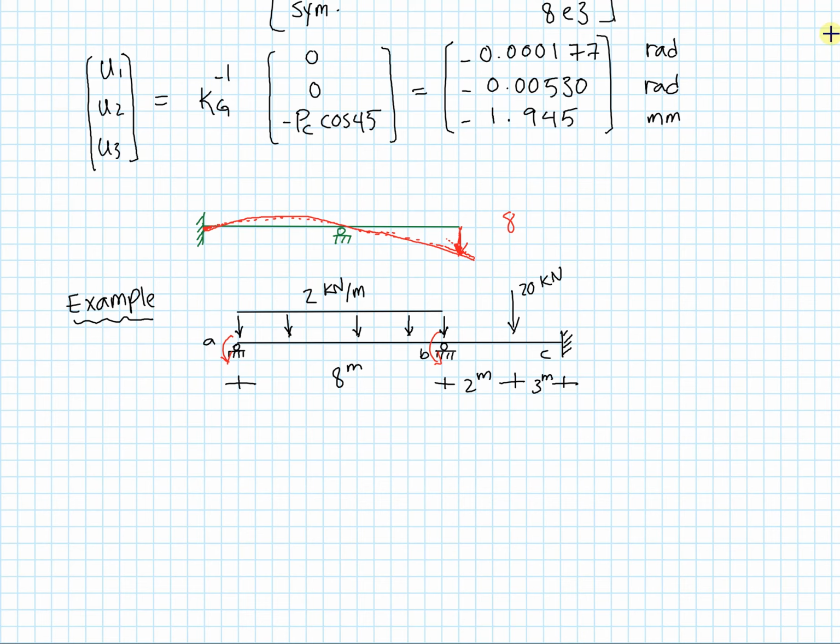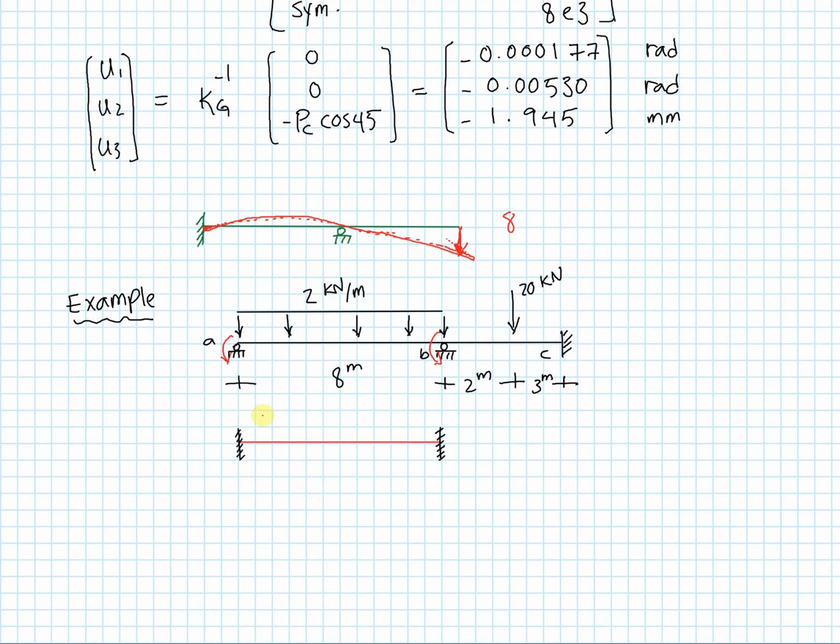For fixed end forces, what we have to do is to draw out these beam segments, and at the locations of the nodes, we're going to need to fix our beam or our frame elements.